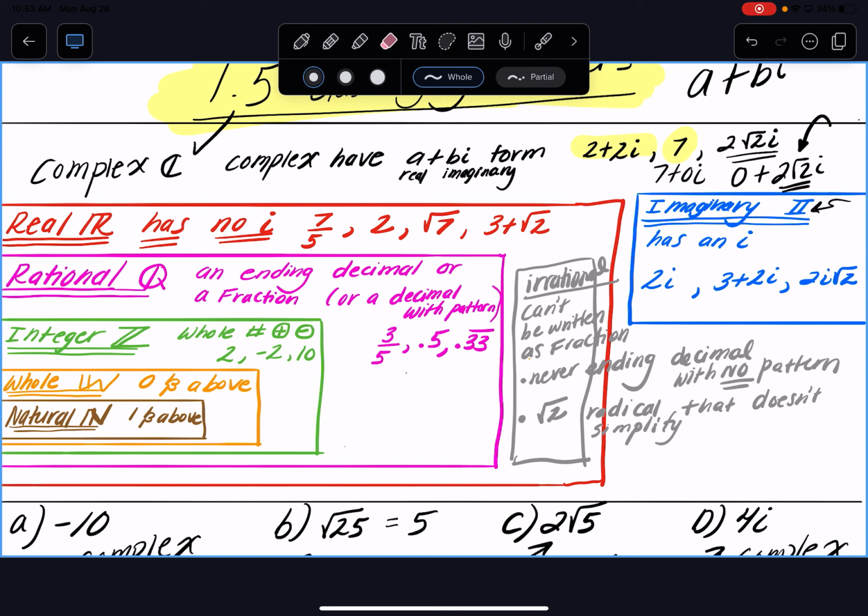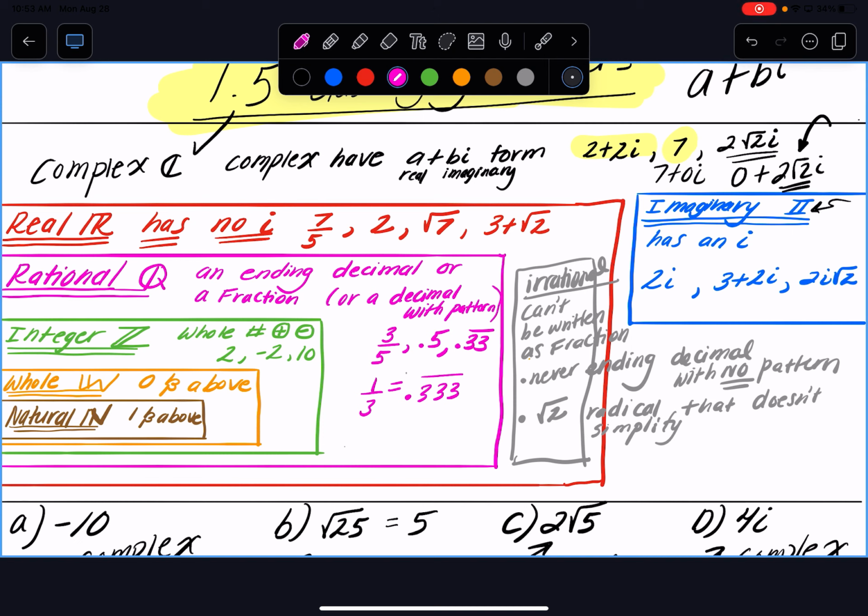For example, if you were to take your calculator and do 1/3, isn't 1/3 a fraction? But if you were to type that into your calculator, they might write the answer as 0.333, and it just is repeating. So this would still be, even though it's a decimal that goes on, it has a pattern.